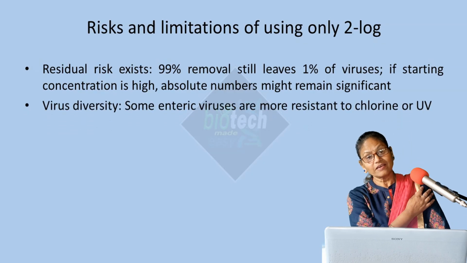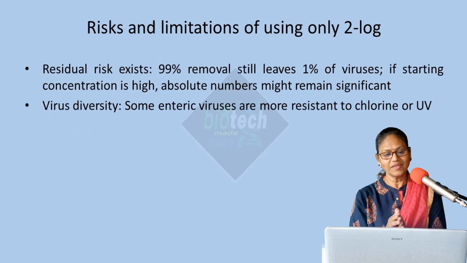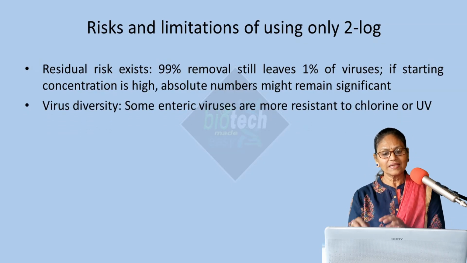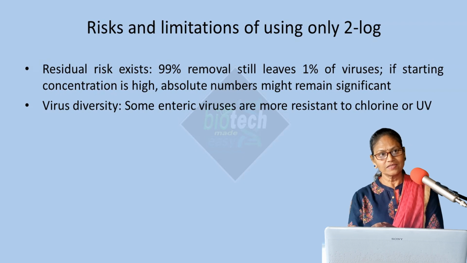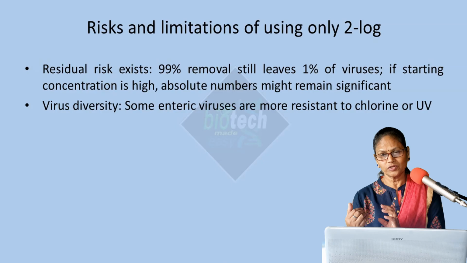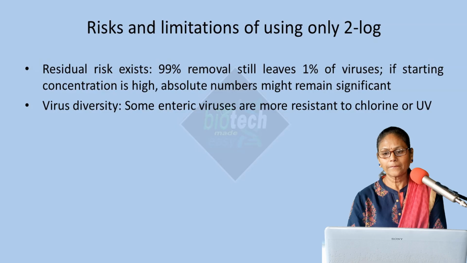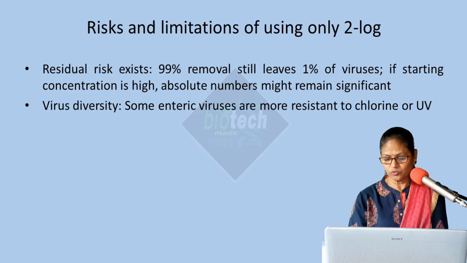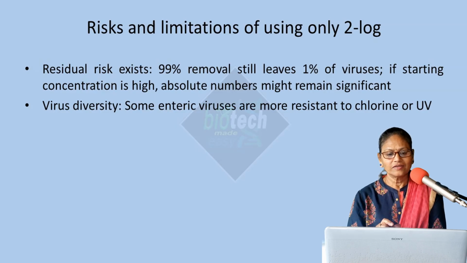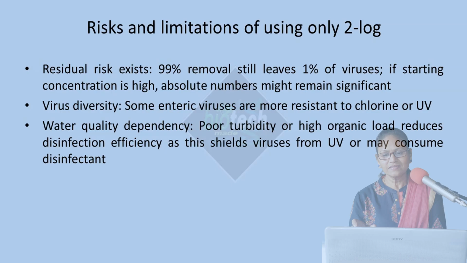And the virus diversity is also a factor, because some enteric viruses are more resistant to chlorination, and they do not die even after UV radiation. So that kind of risk is also there if you are using only 2-log. And there is water quality dependency, what kind of water you are taking for purification.